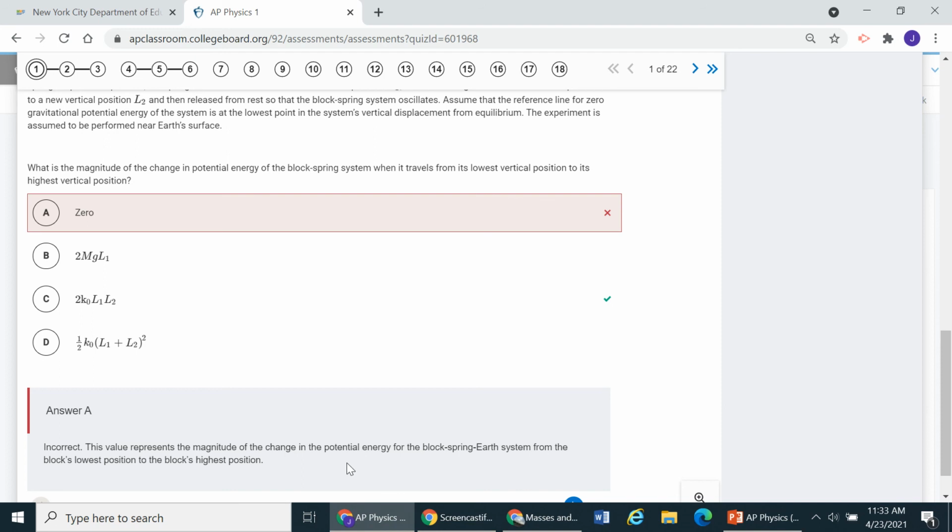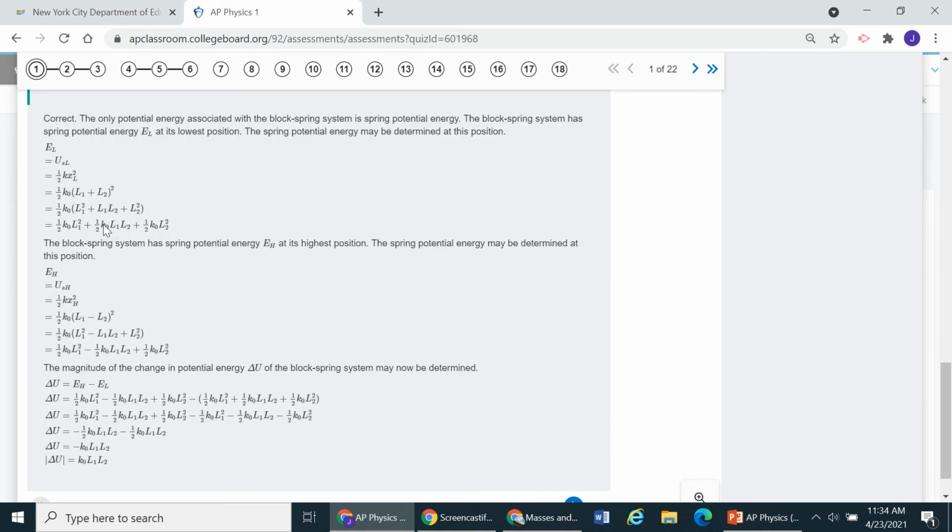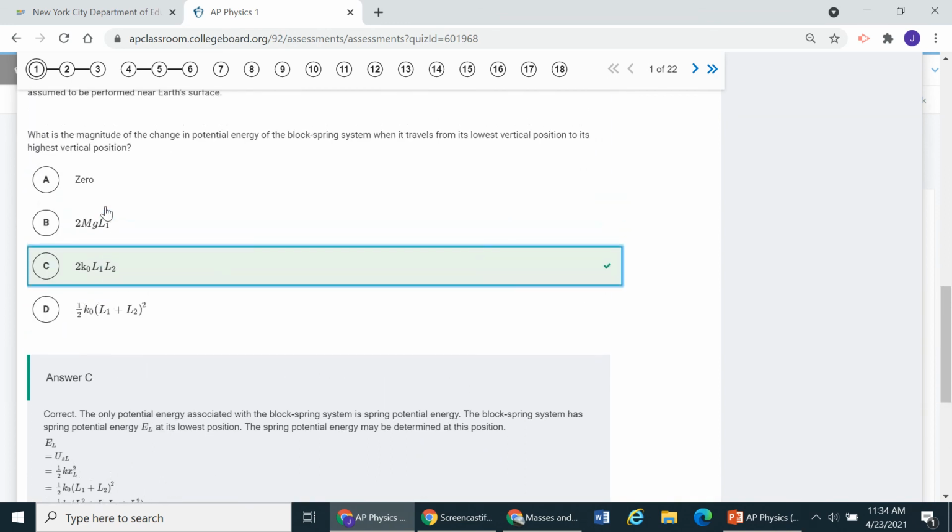That's out. Now, notice B is an equation that takes the form of a potential energy equation. That's not going to be right because potential energy is not part of this. Now, it's weird because C is the only term here in the answer choices that doesn't look like a potential energy equation.